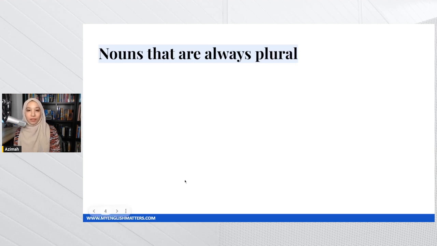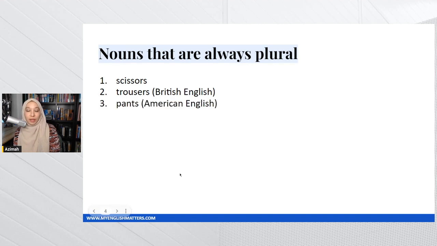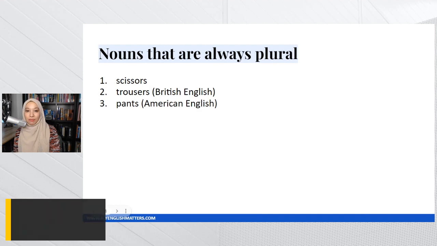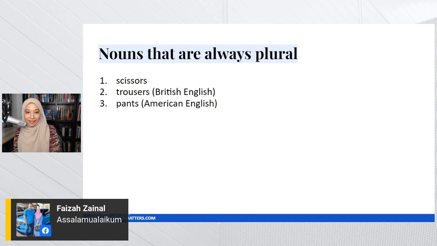So scissors, it's not scissor, it's scissors with an S. Trousers, this would be the British English form. A pair of trousers. I bought a new pair of trousers. Americans prefer to say pants, but both of these words come with an S.